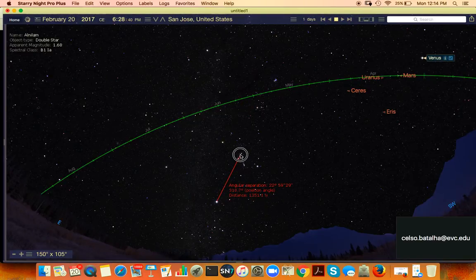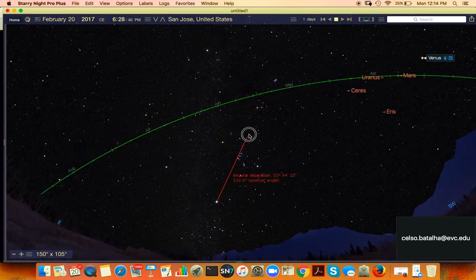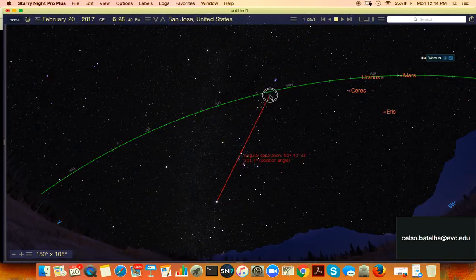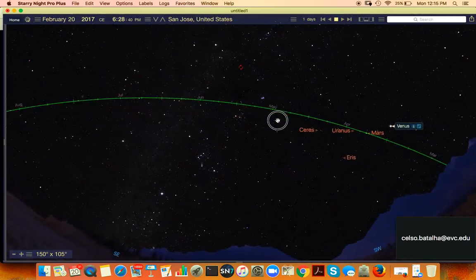But if you keep following from Sirius through Orion's belt, you're going to hit the face of the bull, Taurus, with its bright Aldebaran, which is the eye of the bull. And if you keep going, you'll find the beautiful Pleiades. The asterism is also a star cluster, the Seven Sisters.